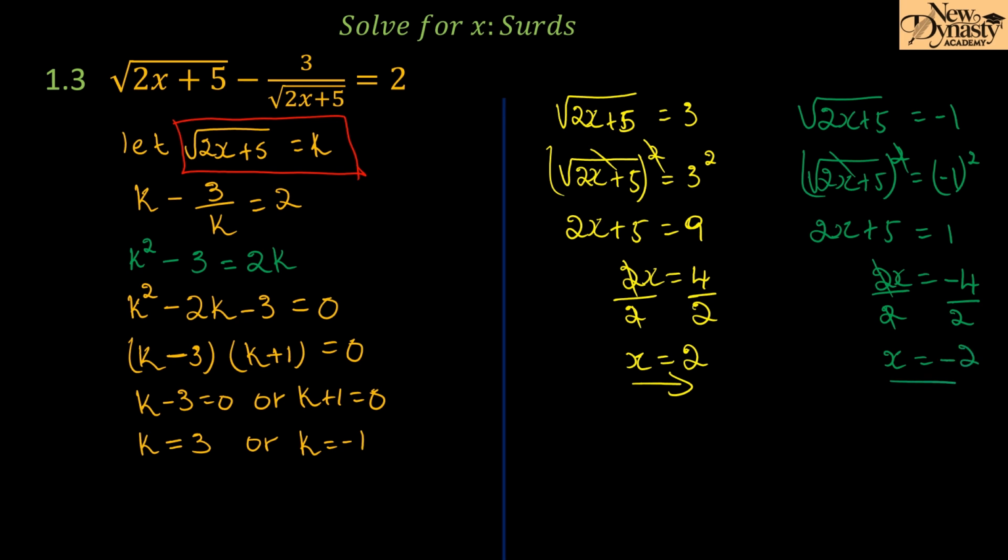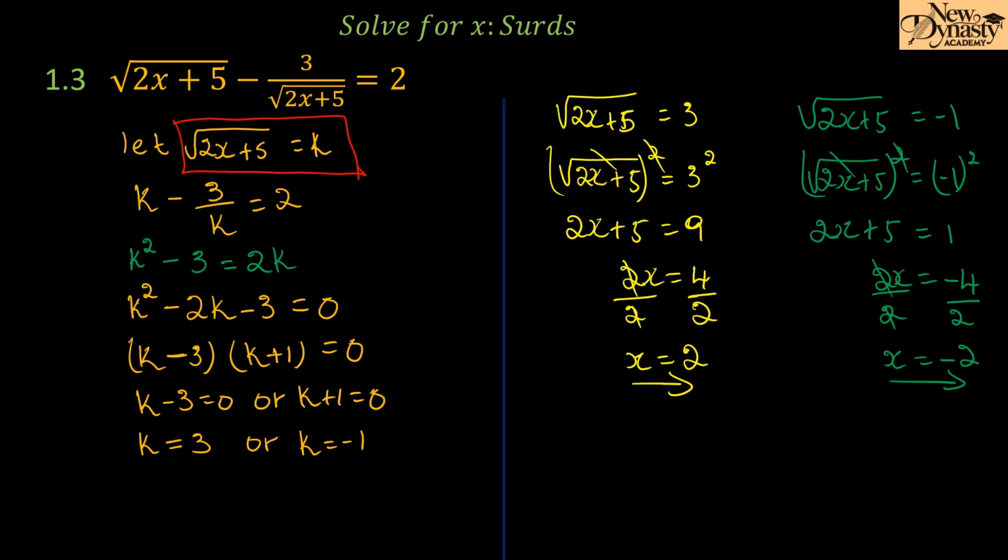So those are your two values. Now, as the rule here, we can check which answers are valid and which answer is not valid in this case. But that one I'm going to leave it to you. You know how to do that.